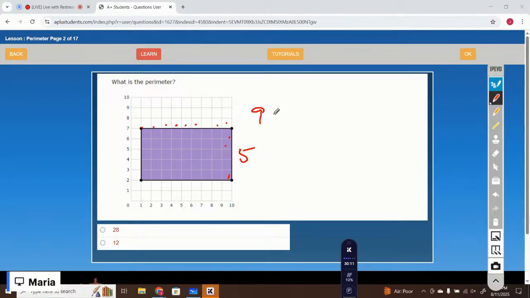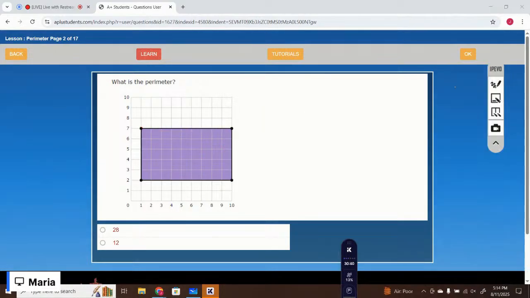We need to add all the side lengths. 9 plus 9 plus 5 plus 5. That is 28. Option number 1 is the correct option.